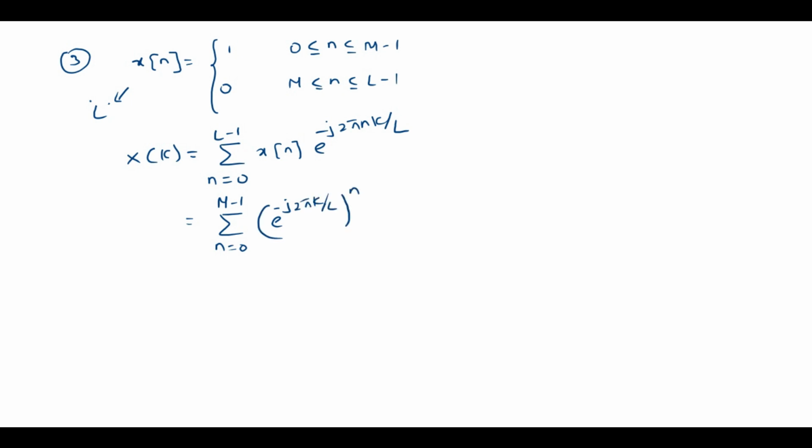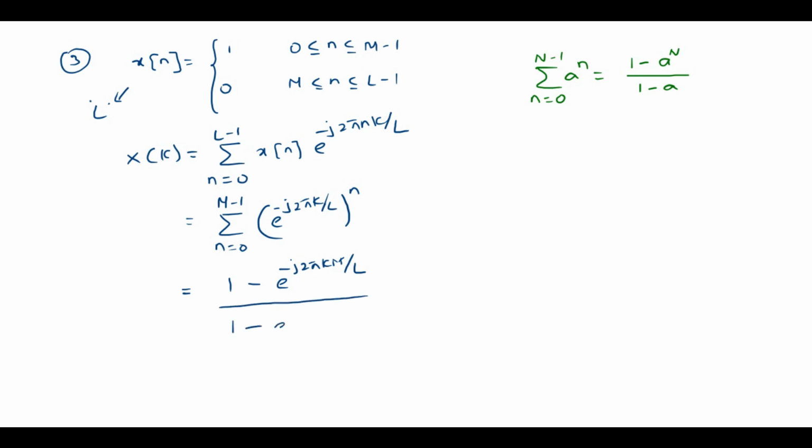Here I am using the summation result, summation n from 0 to N minus 1 of a power n, which is 1 minus a power capital N by 1 minus a. Using this summation, it can be written as 1 minus e power minus j 2 pi k M by L, whole divided by 1 minus e power minus j 2 pi k by L. In this, I am taking e power minus j pi k M by L as common.